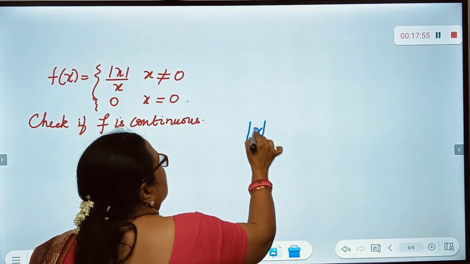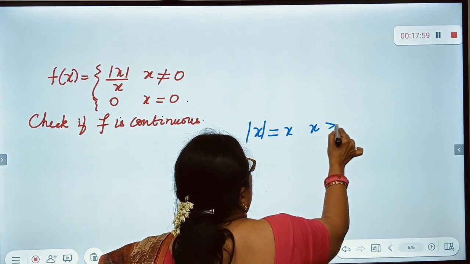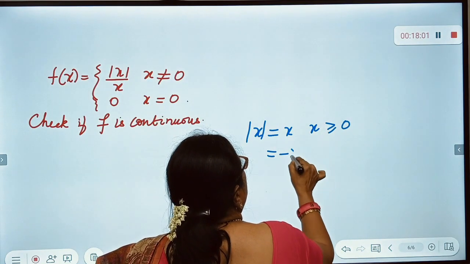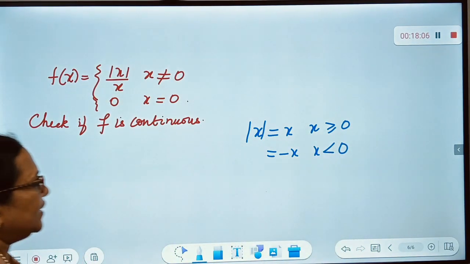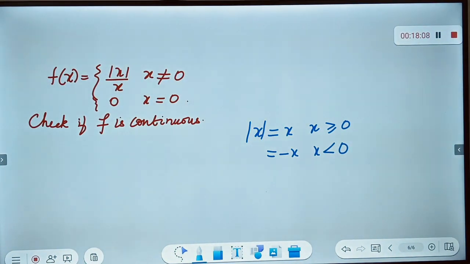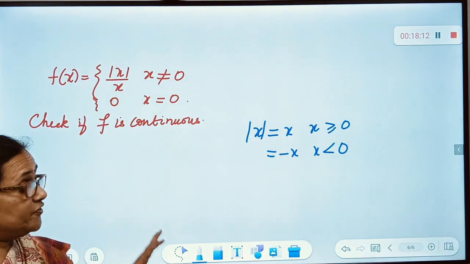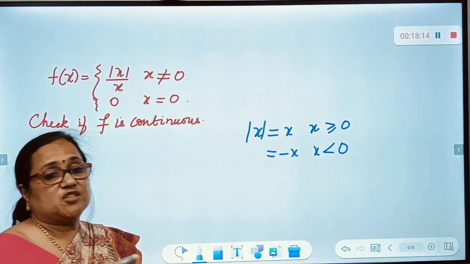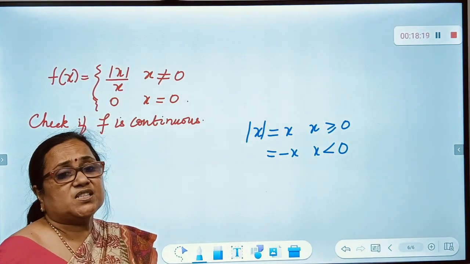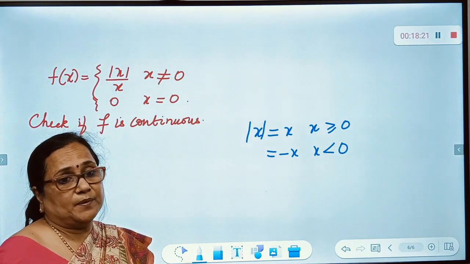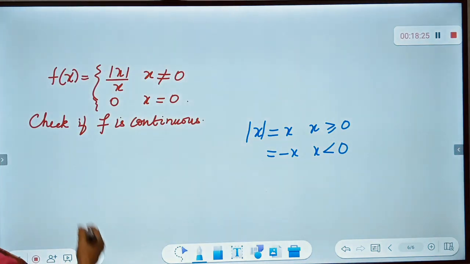Mod x is x when x is greater than or equal to 0, and minus x if x is less than 0. I am repeating a similar type of problem because I want you to understand the notion of modulus of x, the definition of mod x, the graph which is a V, which we have already seen. The modulus function is a very significant and important function in mathematics. So please understand the concept of modulus function.